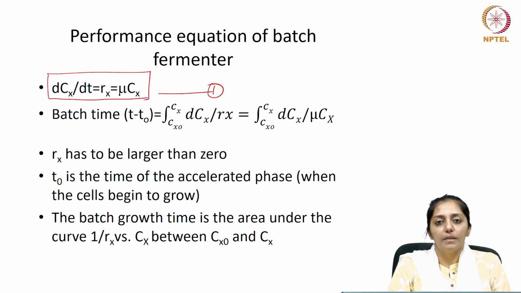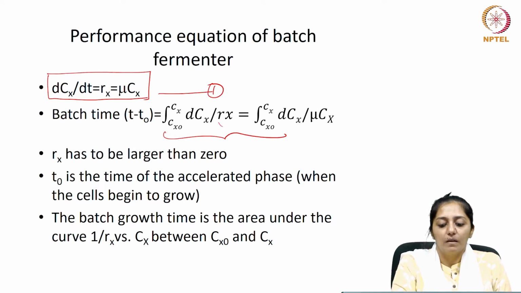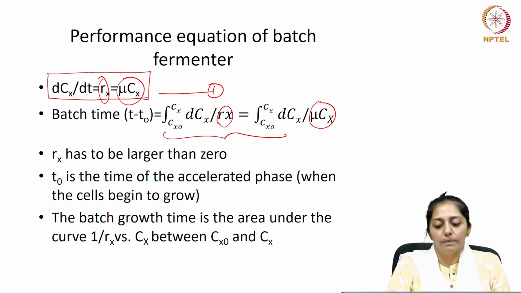So if we want to determine the batch time, we can integrate. Let's assume the starter culture concentration is Cx0 and the batch time is T. So then if we integrate equation 1 with the boundary conditions of Cx0 and Cx for the biomass and T0 for the time, then your batch time, which would be T minus T0, where T0 is generally 0, then Rx, which is given in equation 1, has been further substituted as mu times Cx, as again shown in equation 1, and you apply the limits after integration.